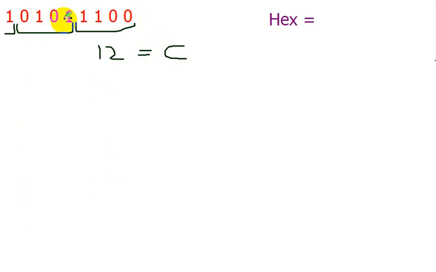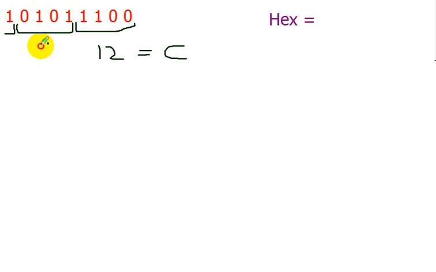Let's look at 0101. And we've got 8, 4, 2, 1. So, no 8, 4, no 2, and a 1.